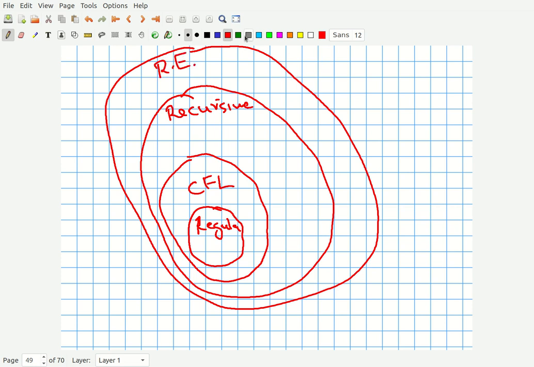And now with Turing's work, for the first time, we have got a language HP which is RE but not recursive. Here what kind of languages do we have? A^n B^n C^n. We also have the language WW and many others. In context-free, we have languages like A^n B^n, or balanced parentheses and things like that. In regular languages, you have things like A star, B star, C star, right?